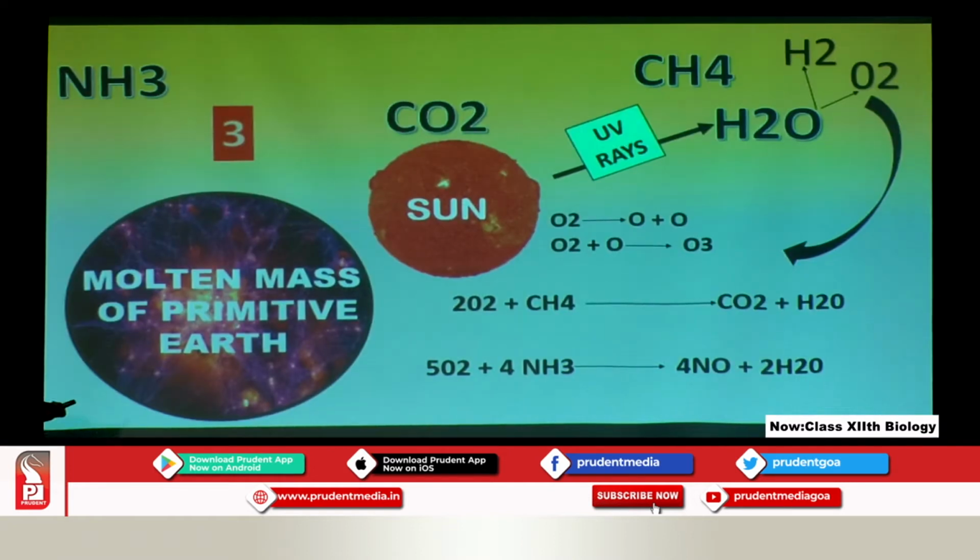How do you get O3? When we have 3 atoms of oxygen. That means the oxygen was split into individual atoms and then it collided with one oxygen molecule. So one oxygen molecule, one oxygen atom, that gives rise to the formation of ozone. And that is how the beginning of ozone happened in the primitive condition of the earth.